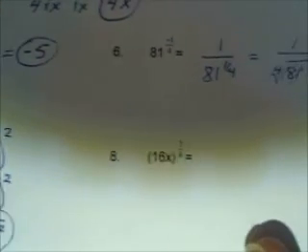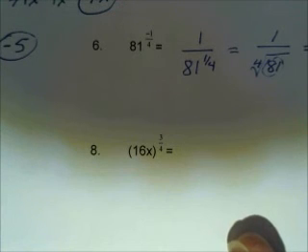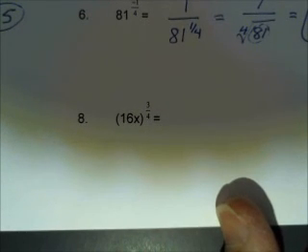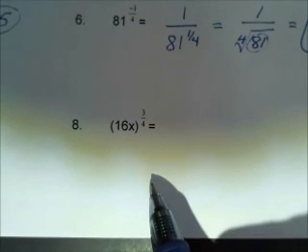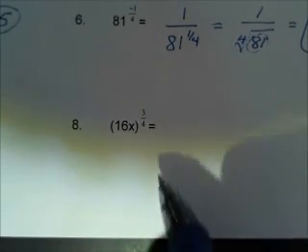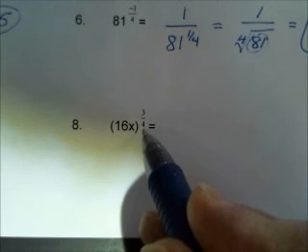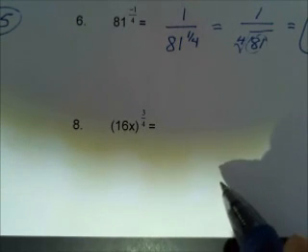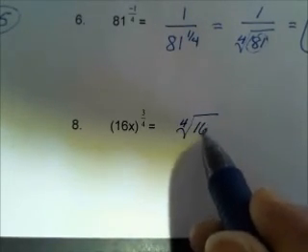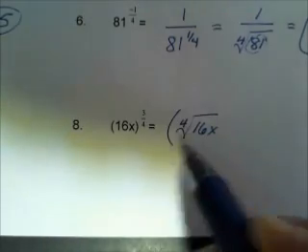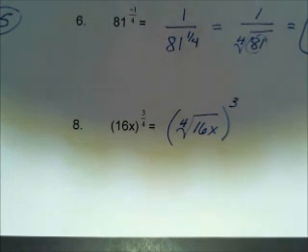Number 8. 16x raised to the fractional exponent 3 over 4. Again, the denominator of our fractional exponent is the root. So this is the 4th root of 16x, and then we'll raise that to the 3rd power.